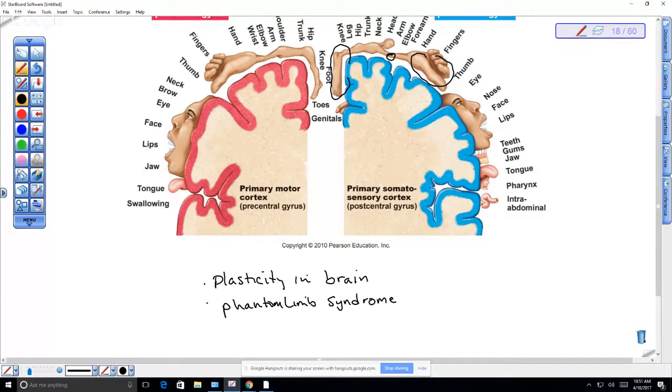This is only a problem if my phantom limb is in pain. I imagine it's not that big of a problem if I lose an arm but I sense that it is still there. The reason is that the part of the cortex that is associated with that arm is still there. So if I lose one of my arms, my cortex still thinks I have an arm. But it's a big problem if the arm is in pain.